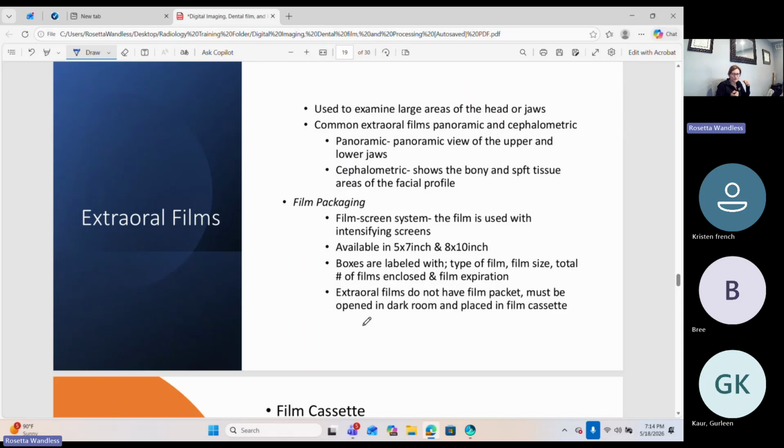Bony and soft tissues mean it's going to get your profile, your side view. Orthodontists use this a lot to measure, does their jaw jut out? Do their teeth overlap? Do they have an overjet, an overbite, an underbite? Is this in relative sequence? They use a lot of math doing it, right?